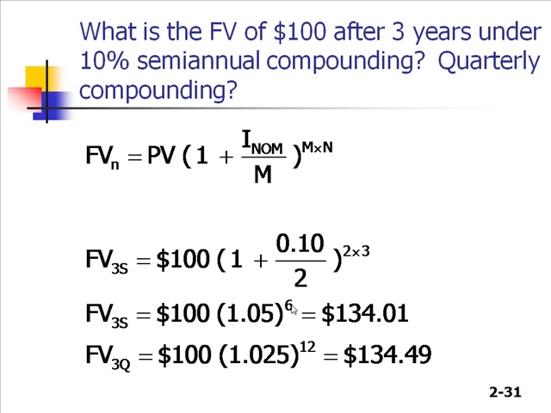Well, what if we had done quarterly compounding? It wouldn't have been much different. We would have just had to take 10%, divide by 4, and that would have given us 2.5%. So here we'd have 1.025. And then we'd have to take the 3 years and multiply that by 4, and the exponent would be 12. There are 12 quarters in 3 years. And we would have ended up with a slightly higher answer, not surprisingly.